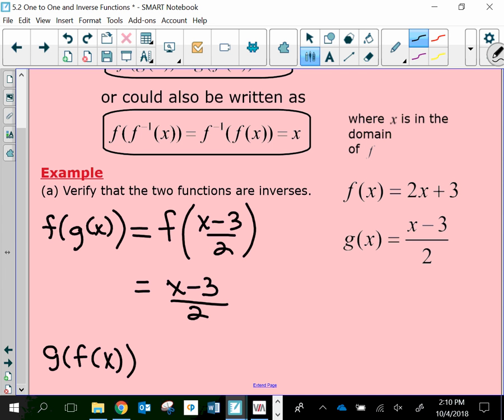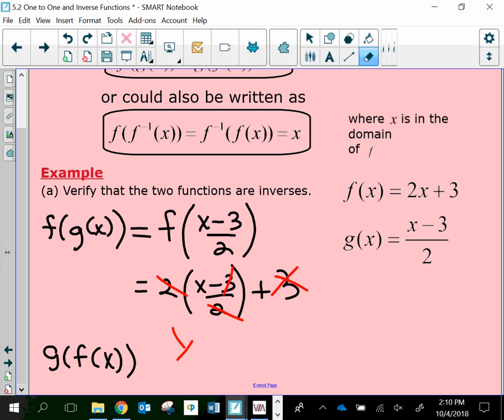I'm verifying. I can't just say, oh yeah, that equals it. 2 times x minus 3 over 2. Don't get ahead of yourself. You're verifying. You don't just get to say x. You have to show the steps.